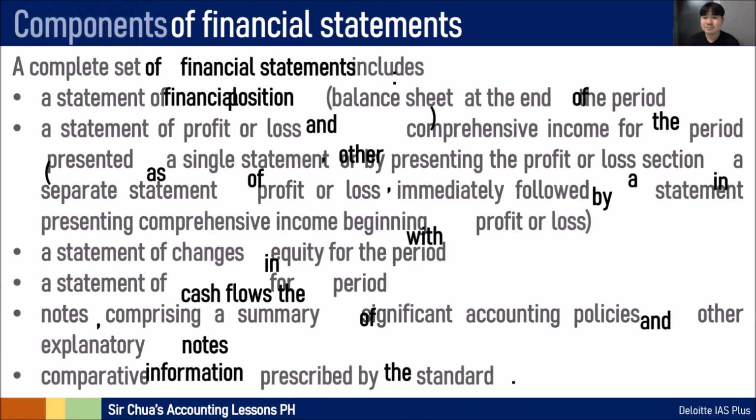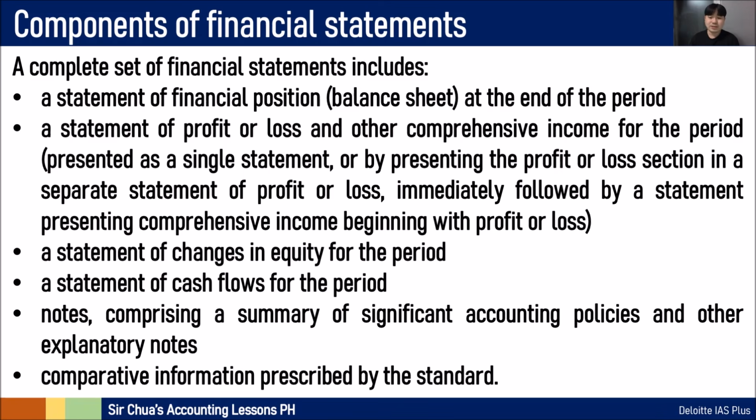Now, IAS 1 tells us that the complete set of financial statements includes your balance sheet, which is formally called the statement of financial position, and then the statement of profit or loss and other comprehensive income. It might be a single statement, dire-diretso, starting from profit or loss down to your comprehensive income items, or a two-statement format, which is a separate income statement, and then you have also a separate statement of comprehensive income.